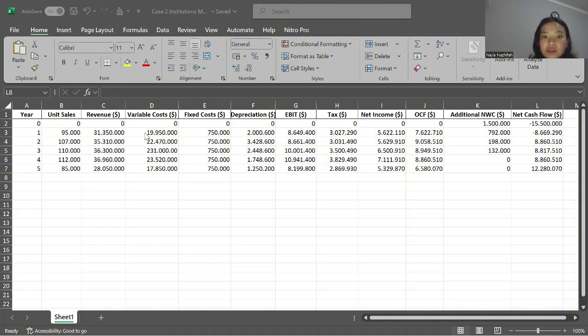Next is depreciation: 14 million times 14.29%, we got 2,600,000. And EBIT is revenue minus variable cost, minus fixed cost, minus depreciation. We got $8,649,400. And next is tax. Tax is EBIT times 35%.